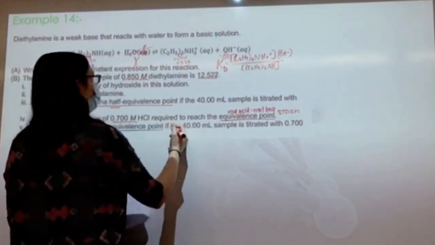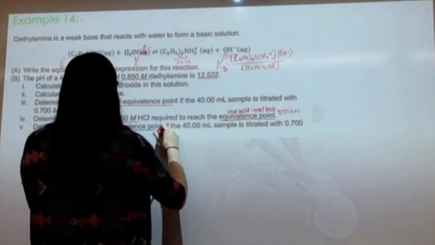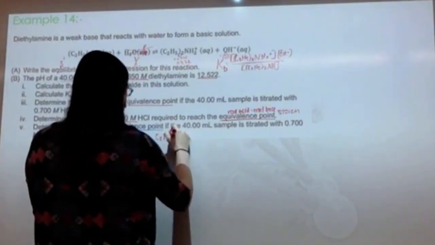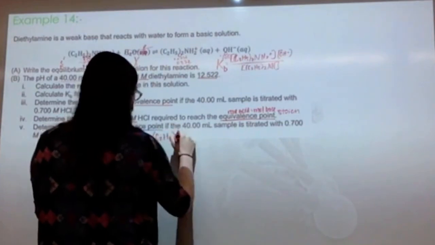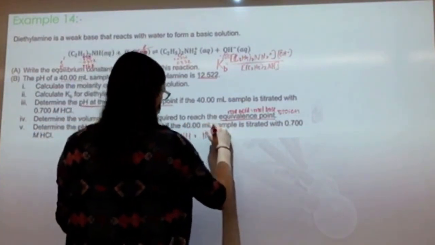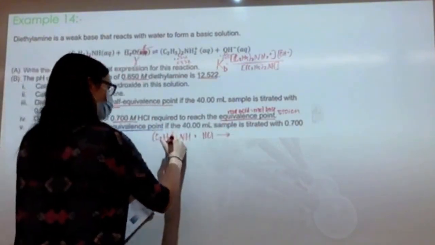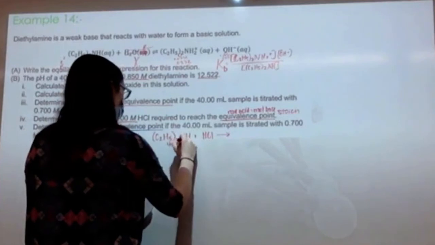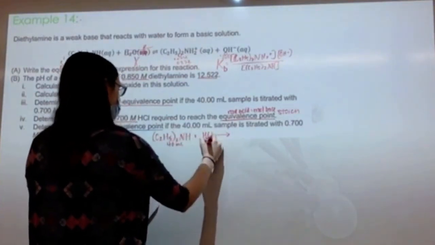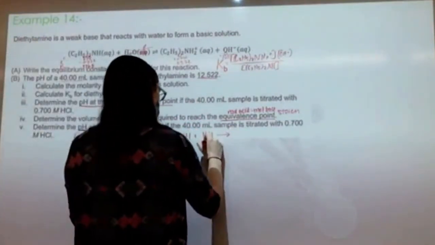Because what we're doing is, let's do this. We have diethylamine, C2H5NH, and HCl. We're adding volume to volume. We're adding 40 milliliters to 48.6 milliliters.